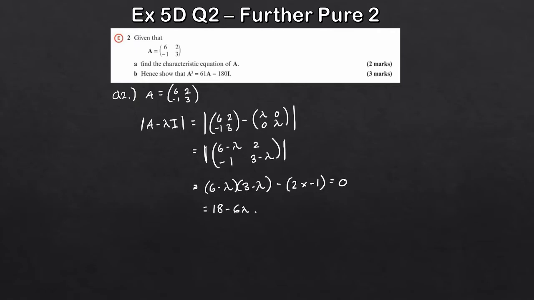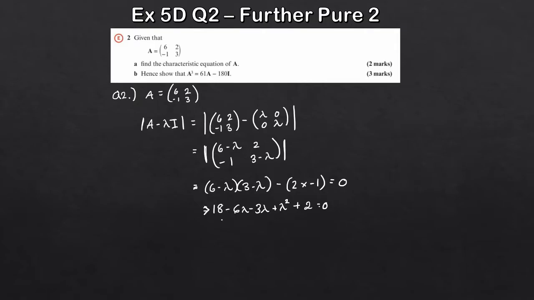Then minus lambda times 3, so I get another minus multiple of lambda, so minus 3 lambda. And then finally, minus lambda times minus lambda gives me positive lambda squared. And then we've got minus 2 times minus 1, so that would be minus minus 2, which gives me plus 2 there. And all of that is equal to 0.